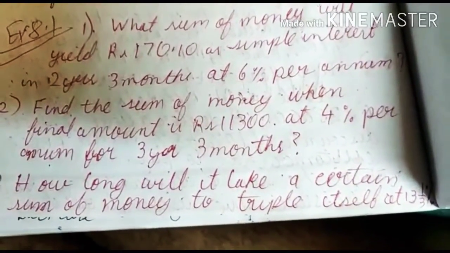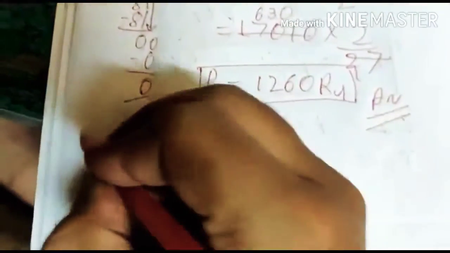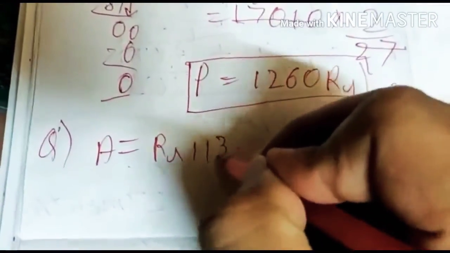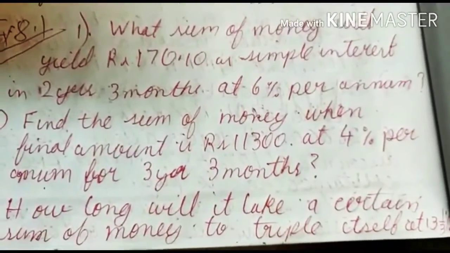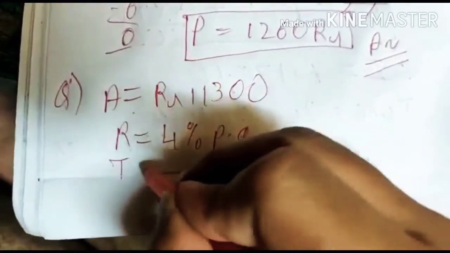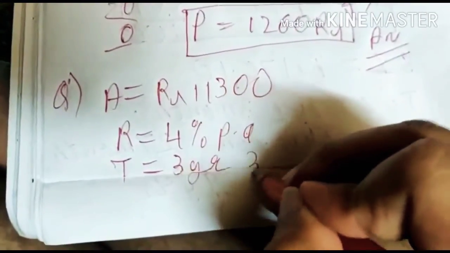Sum of money means again principal, when the final amount is given. The amount equals 11300 rupees, at 4% per annum, and time is 3 years 3 months.